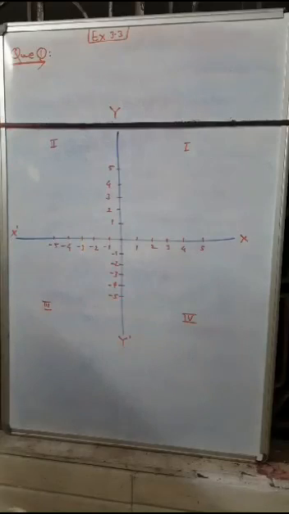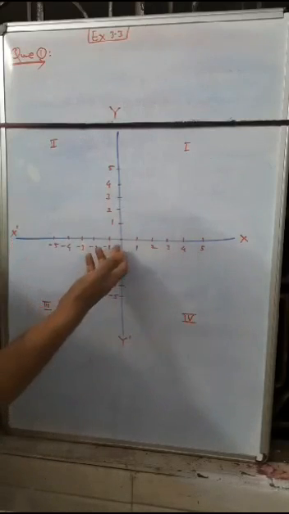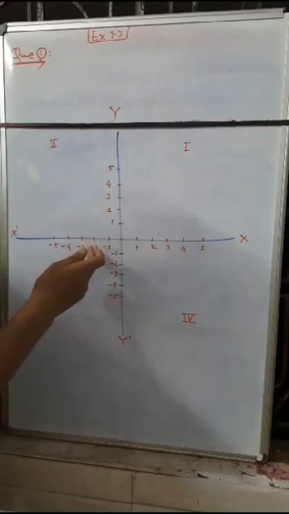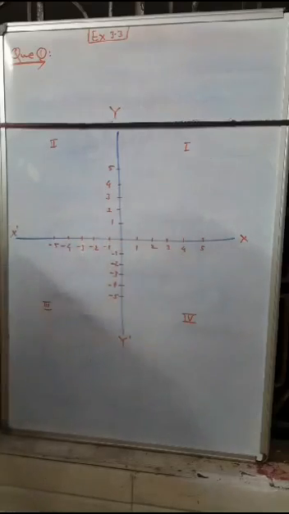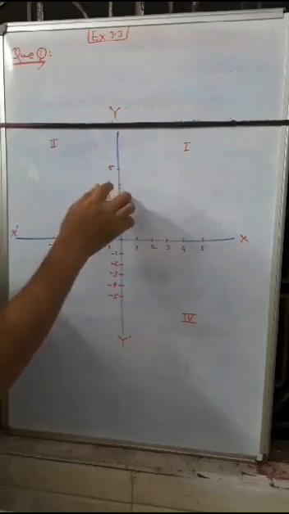Now we have to plot the points given in problem number 1. First, (-2, 4). You have to move from the origin along the x-axis in the -2 direction, and 4 is situated on the positive y-axis.